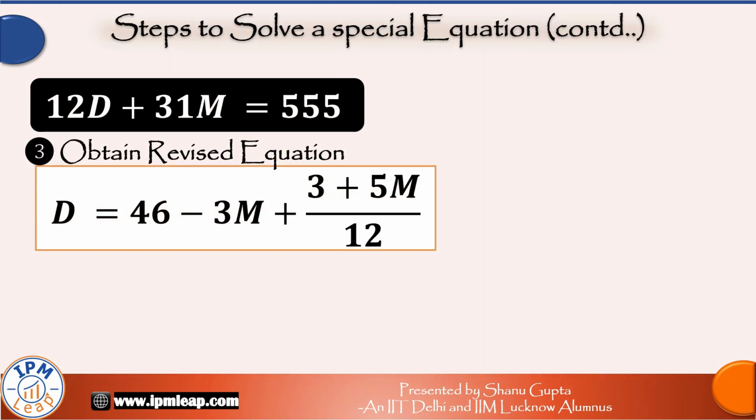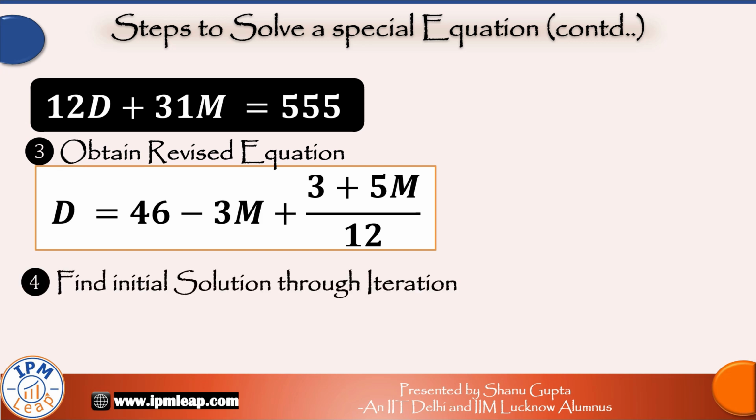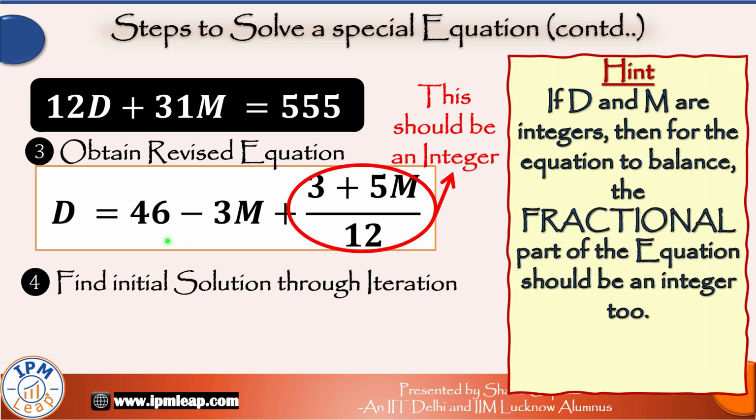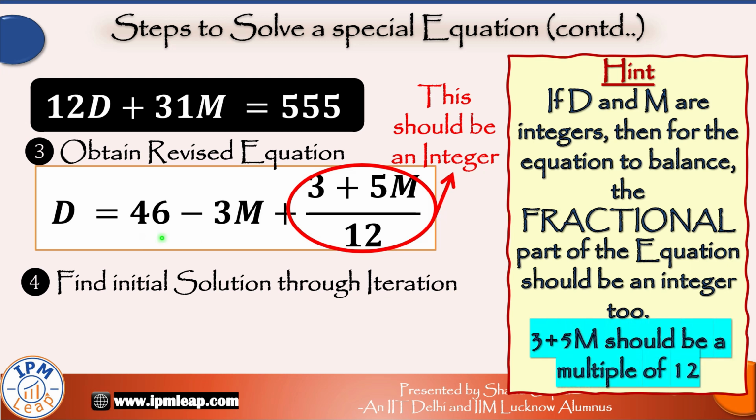Now please note that in our revised equation, d is an integer, and 46 and 3m are integers, so for the equation to balance, this fractional part must turn out to be an integer too. That means either 3 + 5m is 0 or a multiple of 12.